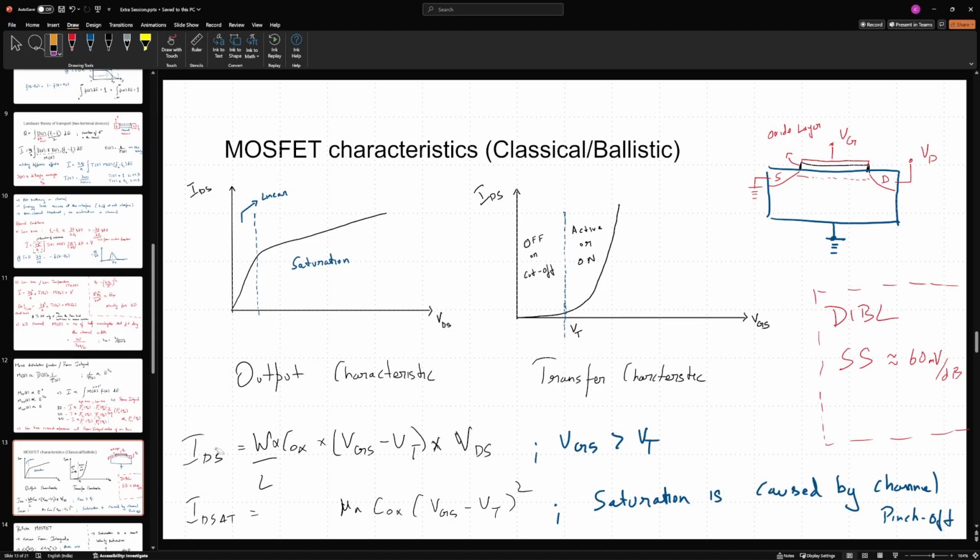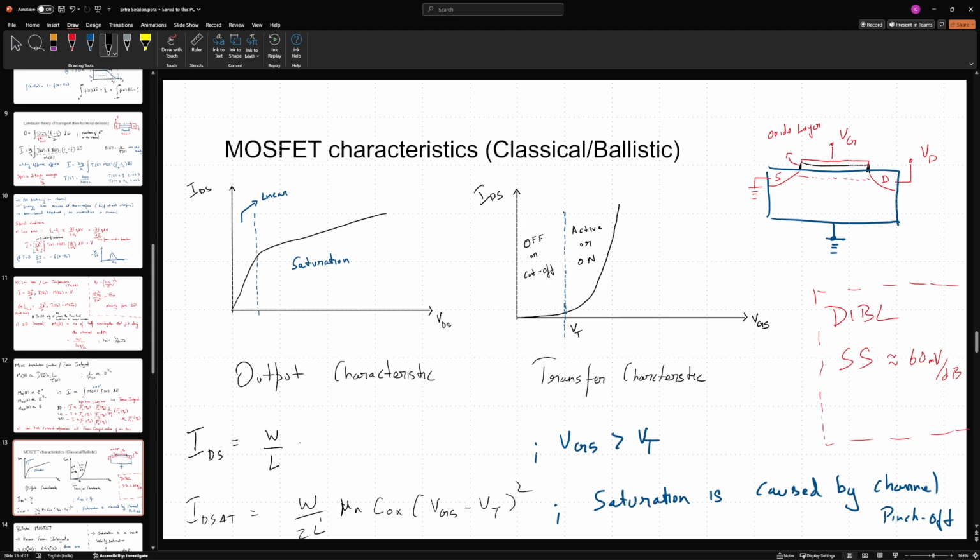I think we can write the equations better than this. When I initially wrote these slides, my handwriting has improved ever so slightly.